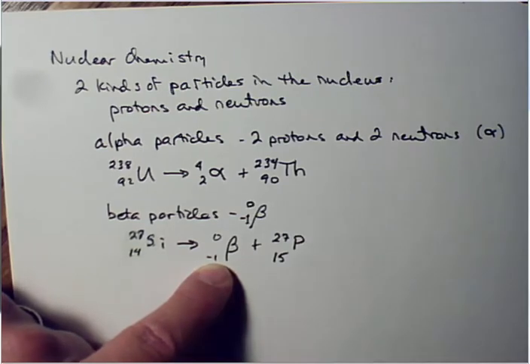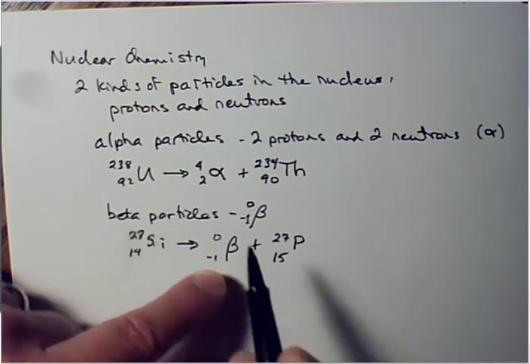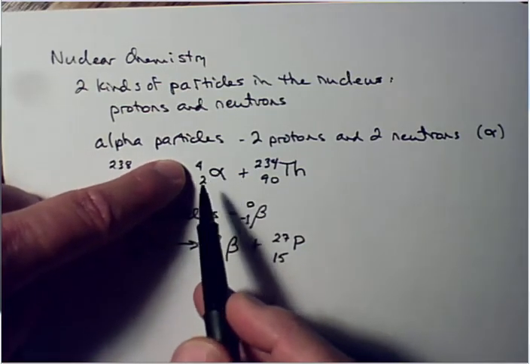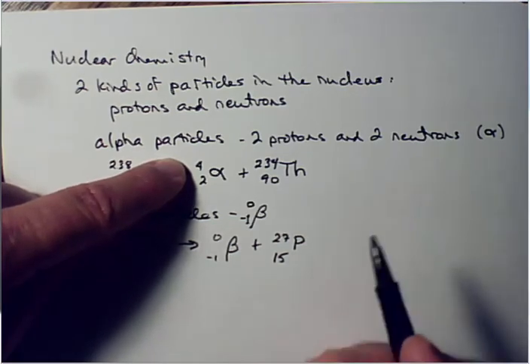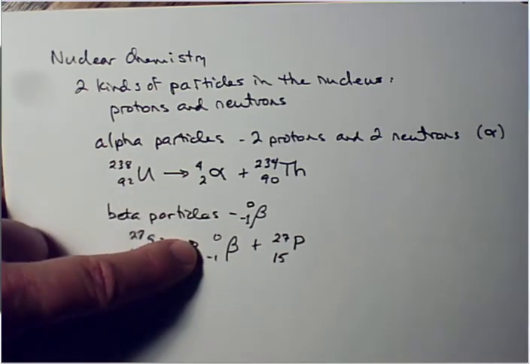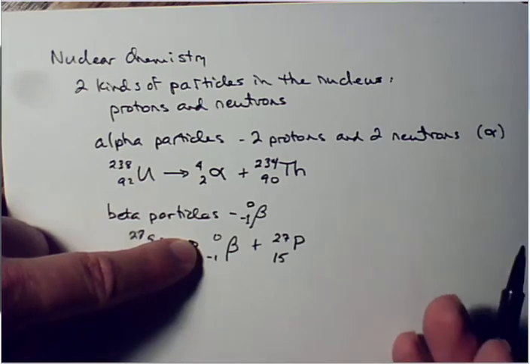And there are other kinds of decay other than these. We're only going to deal with 3 kinds of radiation in here. So this is an alpha particle. When I have a lot of alpha particles, I have alpha radiation. Okay? This is a beta particle. When I have a lot of beta particles, I have beta radiation.